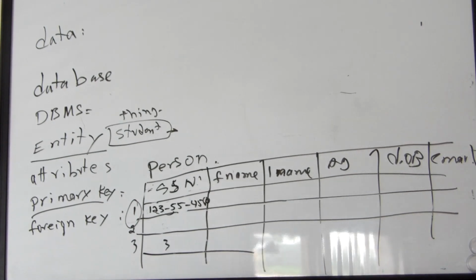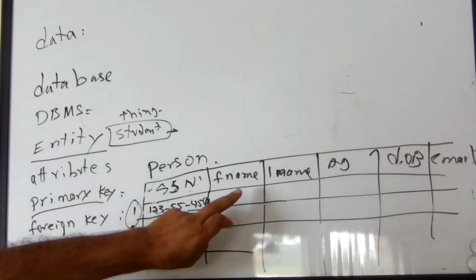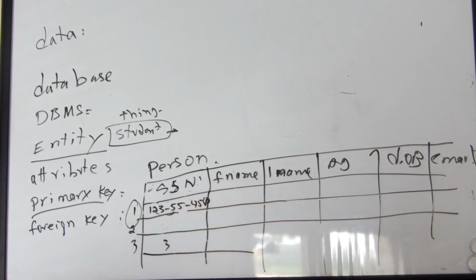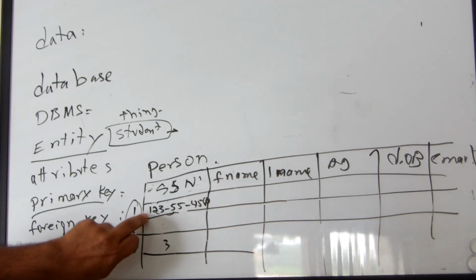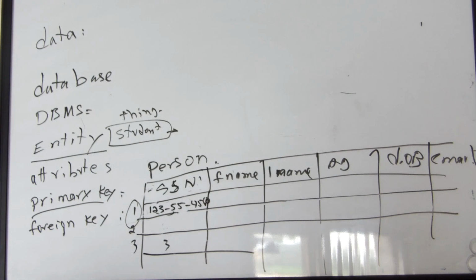This way we can update our table, modify it, delete, or retrieve. We can say, give all the information about this Social Security number: first name, last name, age, and date of birth.